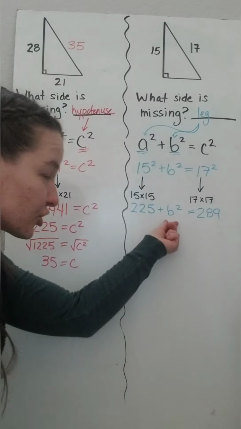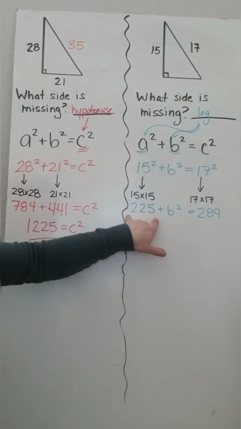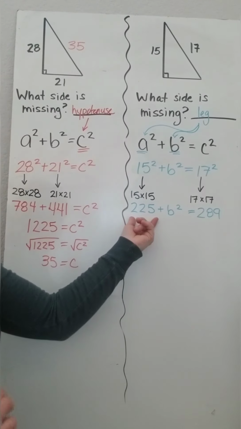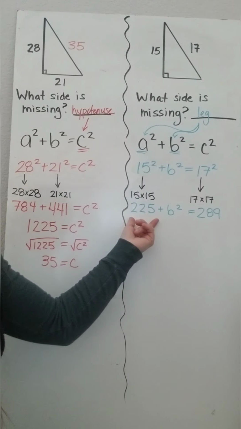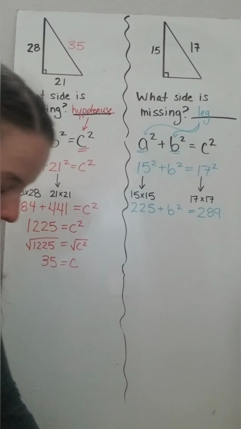Now, I'm still trying to get b by itself on one side of the equation, meaning I'm going to have to move this 225 over to the other side. Since it is a positive value, to undo it, I'm going to subtract it.